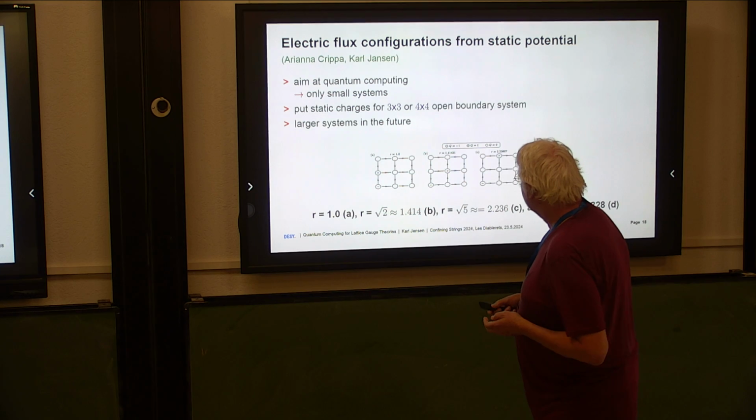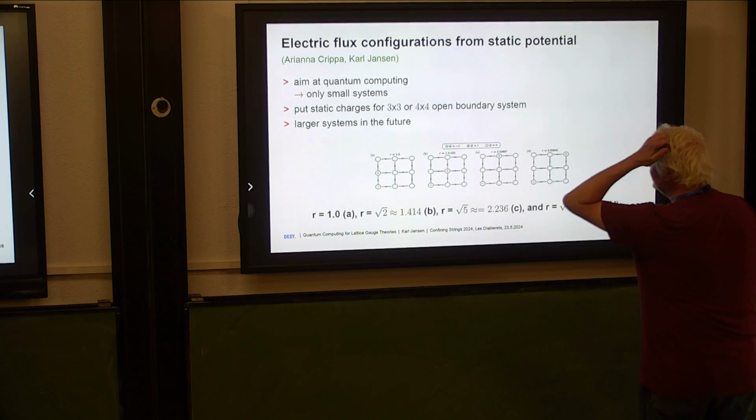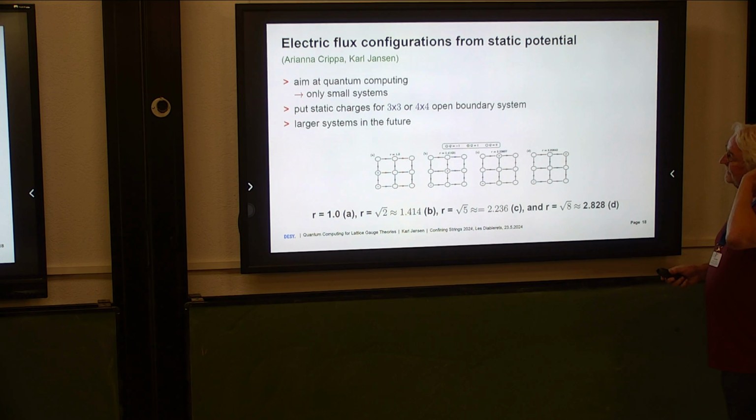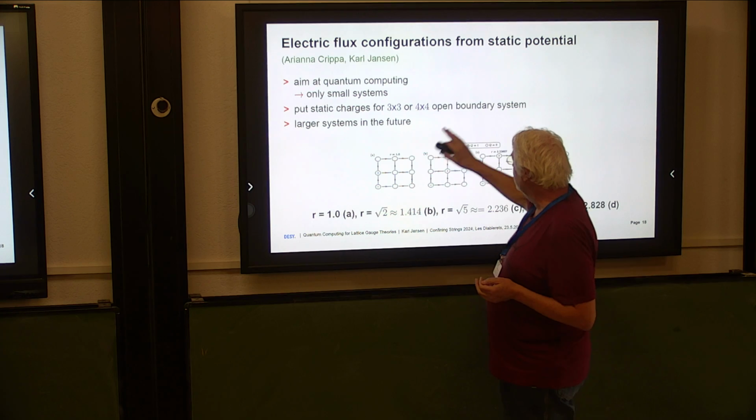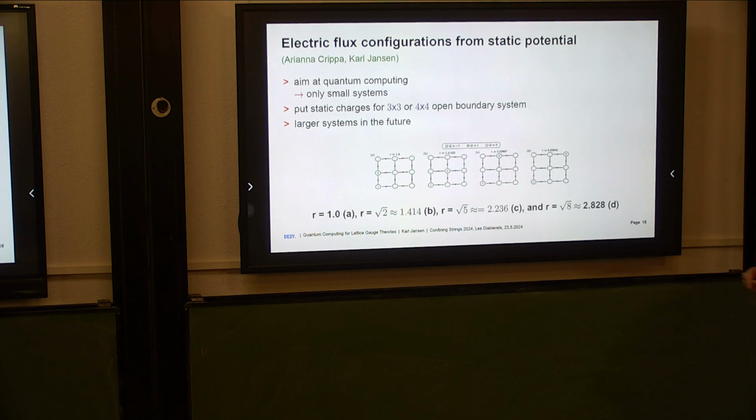And what we do here, oh, the colors are coming off. This is nice. We are aiming at the quantum computation of the system and exploring the static potential. Therefore, we are using only small system sizes, like a 3 by 3 or 4 by 4 open boundary condition system, and we are aiming at larger systems in the future.